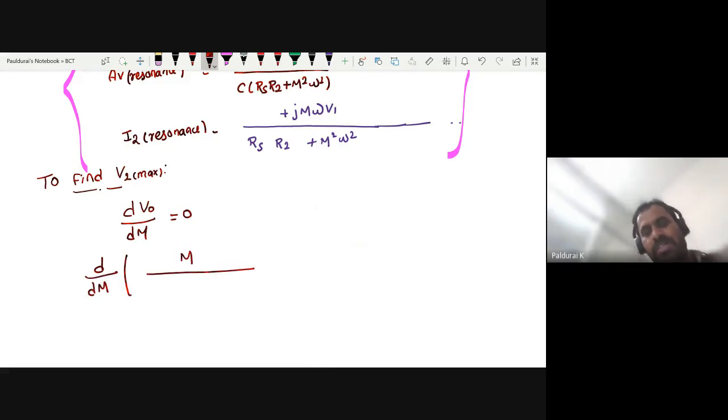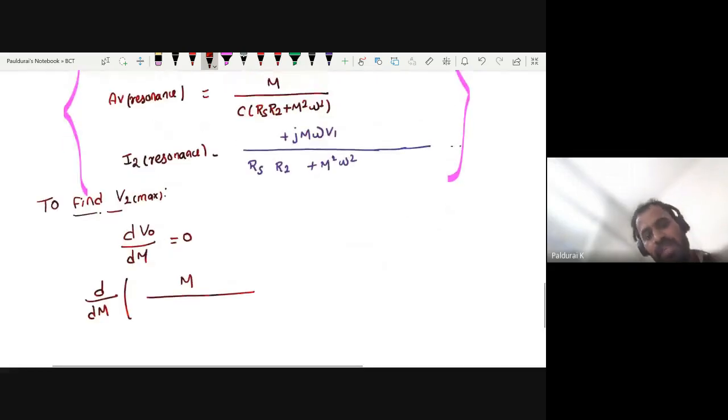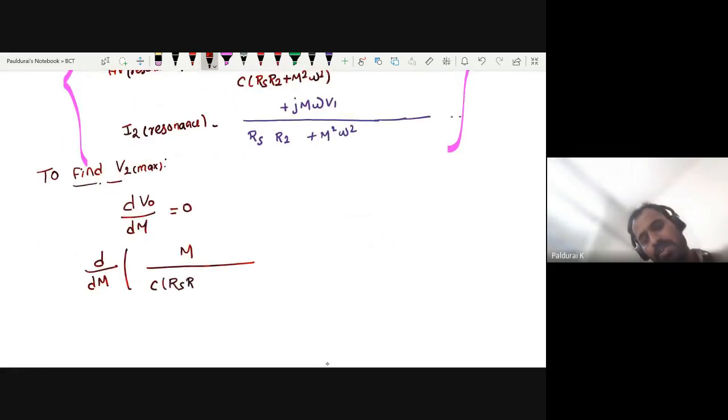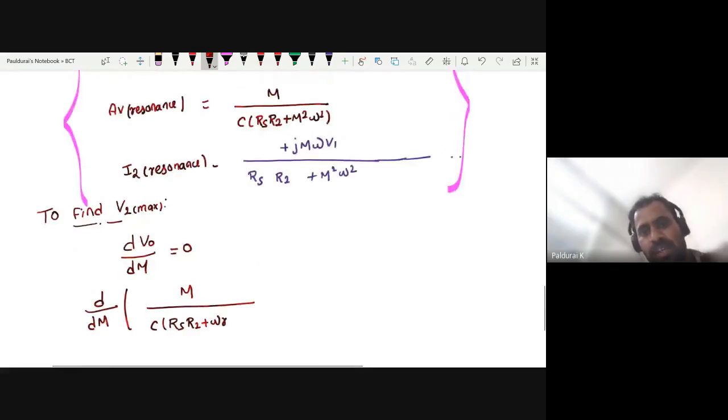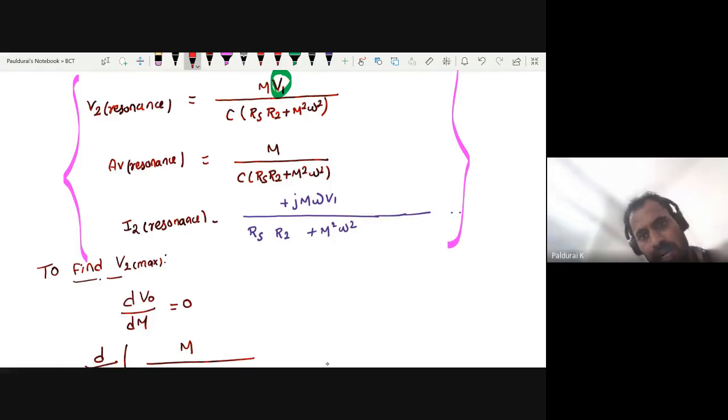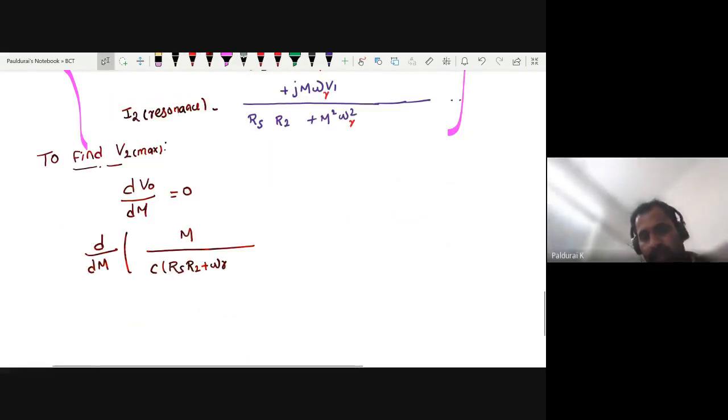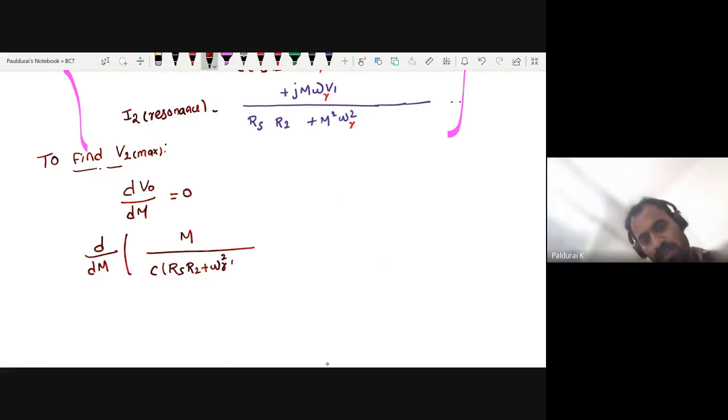At resonance, V2 is given by M divided by C times Rs R2 plus omega R squared M squared. Please make a note: at resonance, the omega becomes omega R. So you want to differentiate this to get the maximum voltage at resonance.